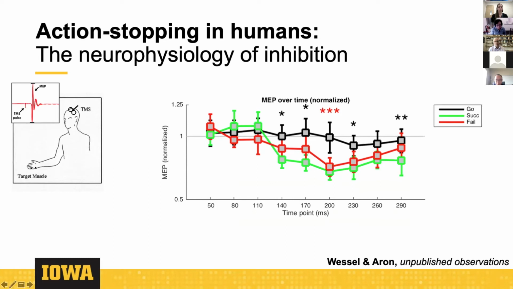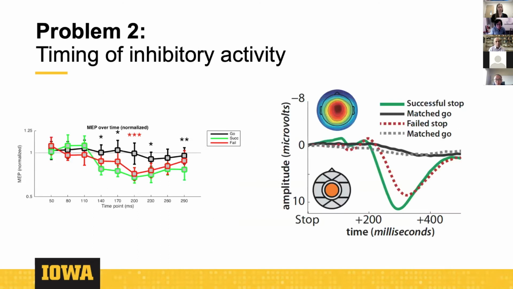And I should say this is also work that has now been published, in a very nice, very comprehensive study from Jana and colleagues. So this is not just unreviewed stuff. This is in the literature. Anyway, so that brings me to the second problem, which is the timing of inhibitory activity, where the question is, why do we have these purported signatures of motor inhibition at different times following the stop signal? How does that make sense?